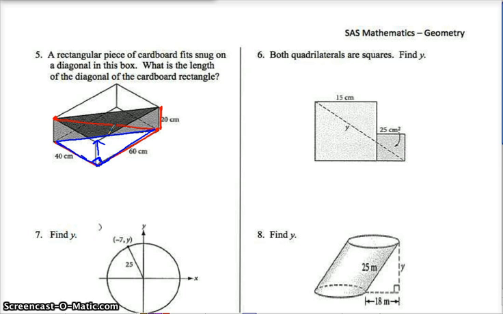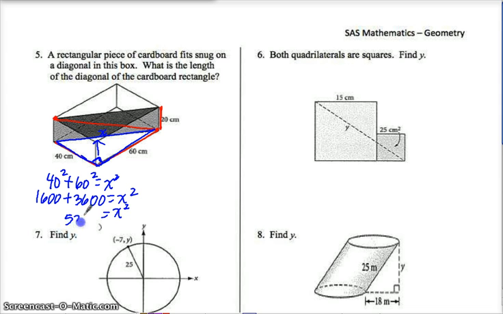Then it would be 40 squared plus 60 squared equals this across-the-floor diagonal x squared. So we square our 40, we square our 60, and add them together. That's 1600 plus 3600 equals x squared. So x squared equals 5200.